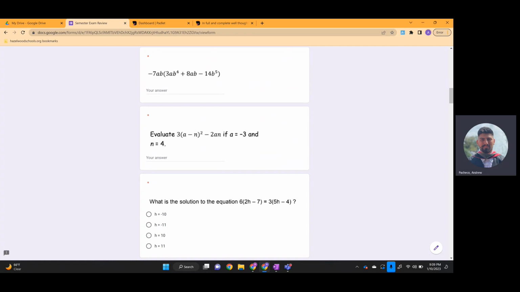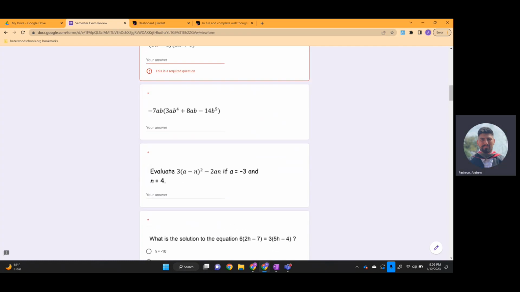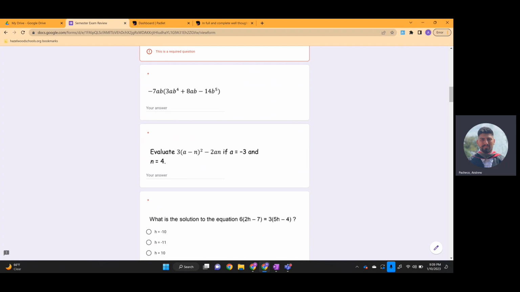For the fourth question, it says evaluate 3a minus n squared minus 2an if a is equal to -3 and n is equal to 4.